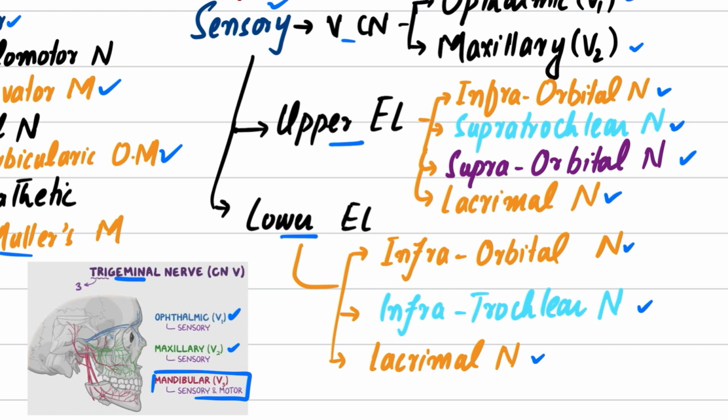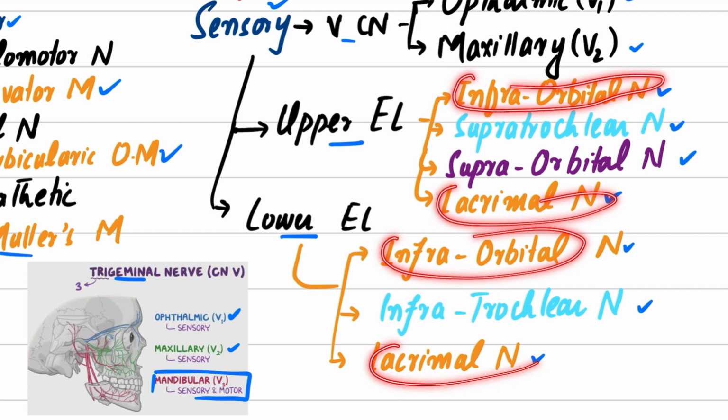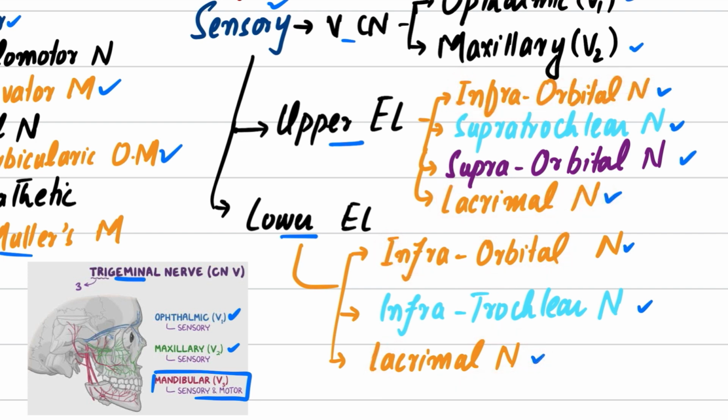Now, the ones in this color are common nerves, such as the lacrimal nerve and infraorbital nerve. They both supply the upper eyelid and lower eyelid. The supratrochlear nerve supplies the upper eyelid, but the infratrochlear nerve supplies the lower eyelid. You have to know about it. And the supraorbital nerve is specific to the upper eyelid. It is not involved in the lower eyelid.